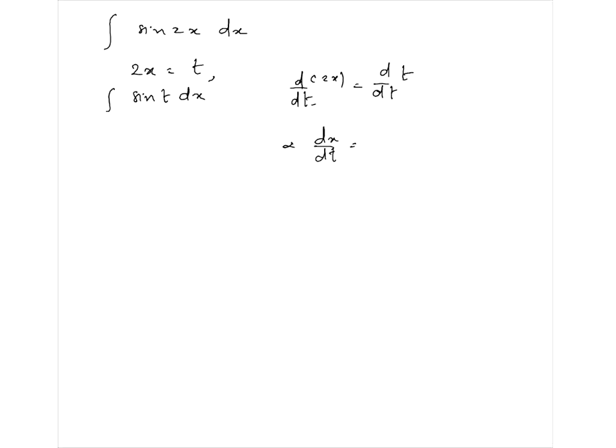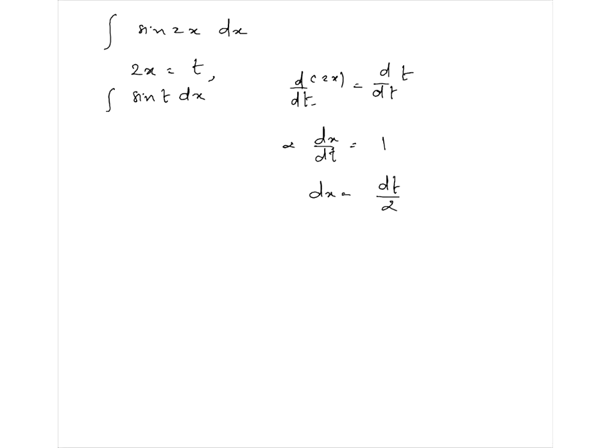What is d dt of t? One is correct. Okay. Now that means dx is dt by 2.